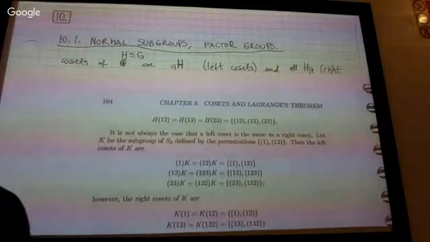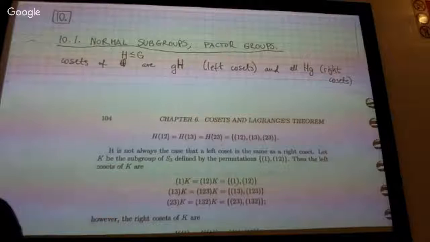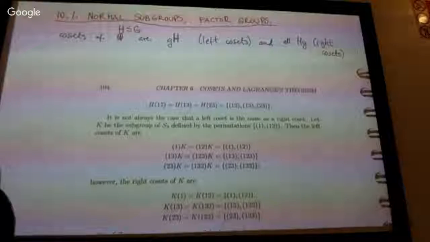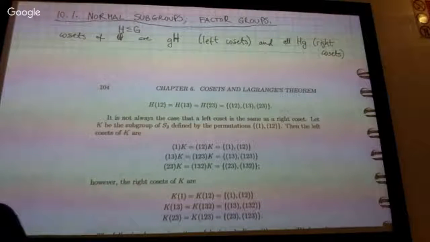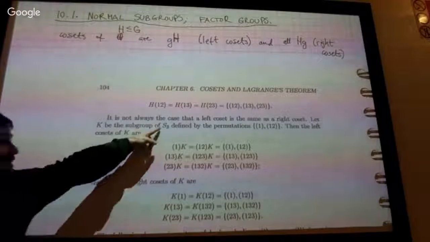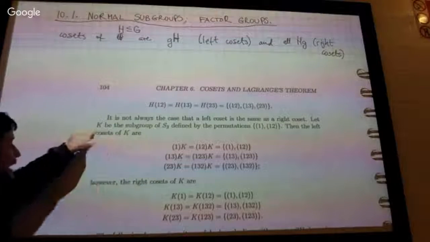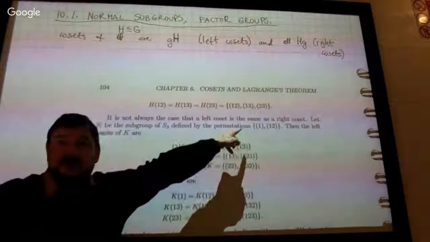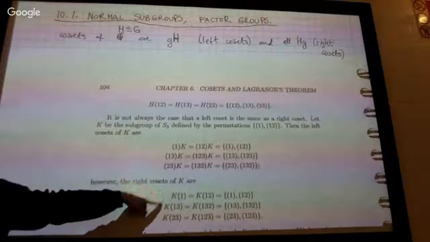Now, on page 104, you had an example which says that it's not always true that left cosets and right cosets are the same thing. When you took the group S3 of all permutations on 3 elements, and you took A, the subgroup which only had these 2 elements, the left cosets are these and the right cosets are these, and they're not the same.